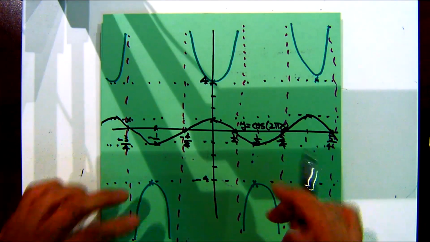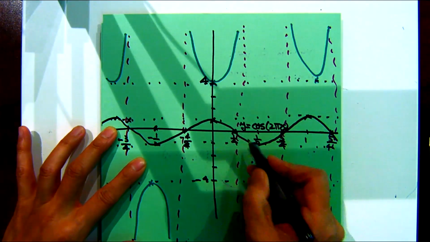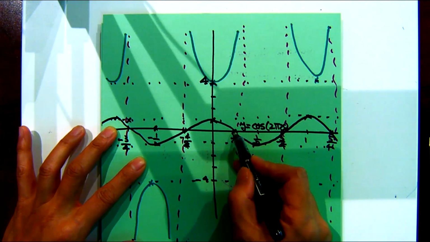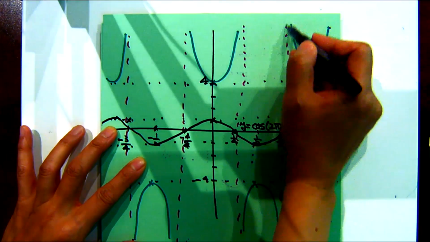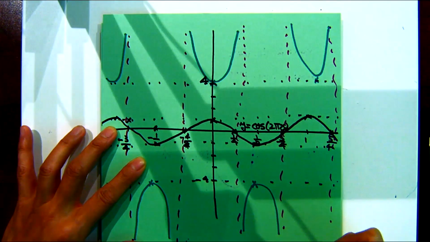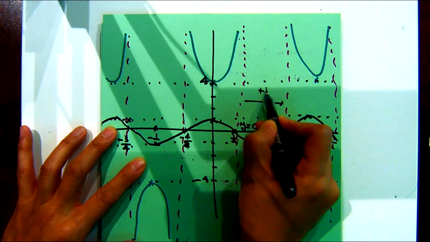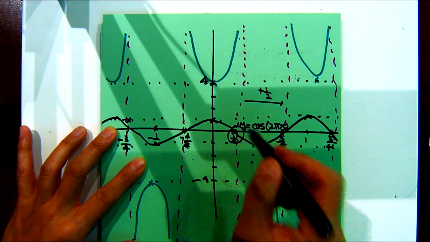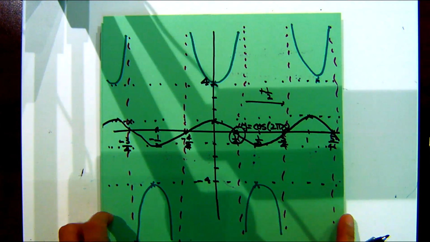But the first vertical asymptote happens at 1/4 because the cosine value becomes 0 at 1/4. And then the next one is not a vertical asymptote. When you add 1/2, we will have another vertical asymptote. And so vertical asymptote happens every 1/2, but the first vertical asymptote happens at 1/4 because the cosine value becomes 0 at that point. Did you understand?